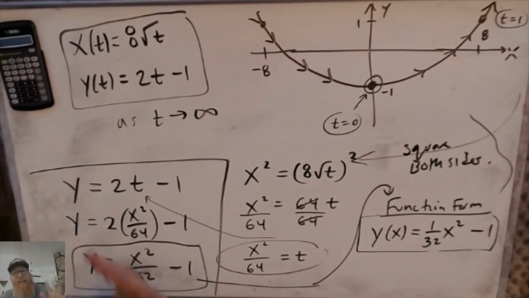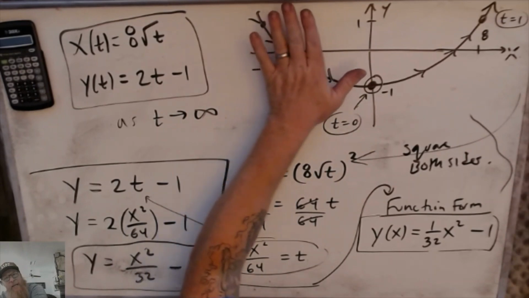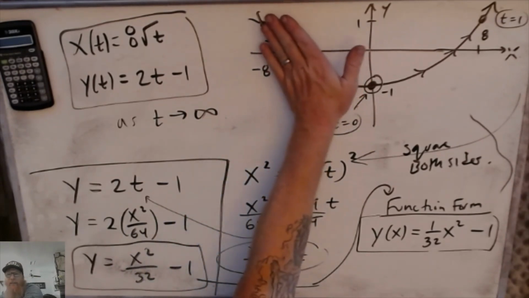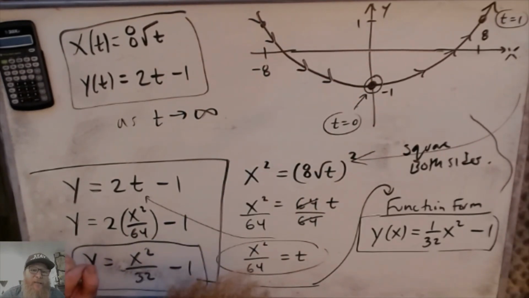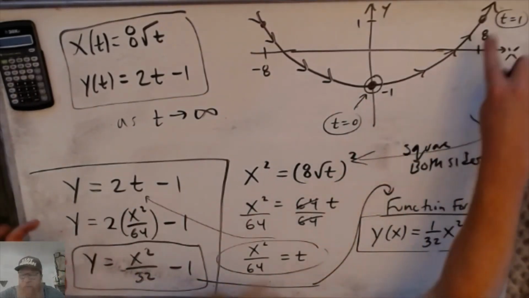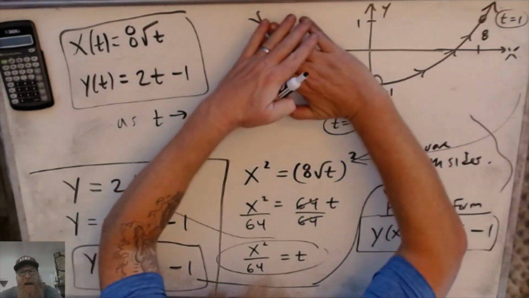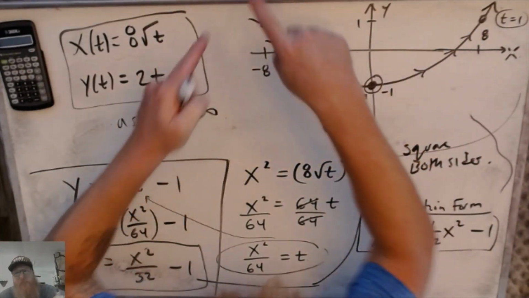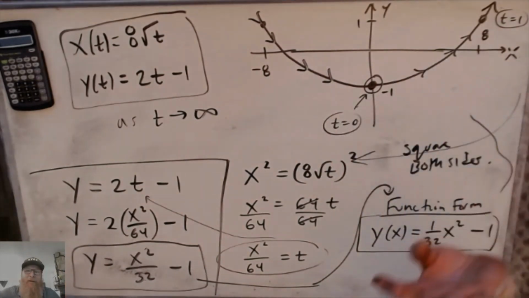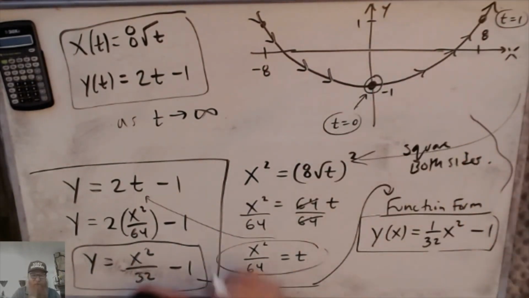In fact, technically, if we're not allowing negative time, technically the left side of the parabola doesn't exist. Unfortunately, on Canvas, it will not let you graph just half of a parabola. So even though this half doesn't really exist, you still have to draw the entire parabola, keeping in mind that the orientation is from left to right.